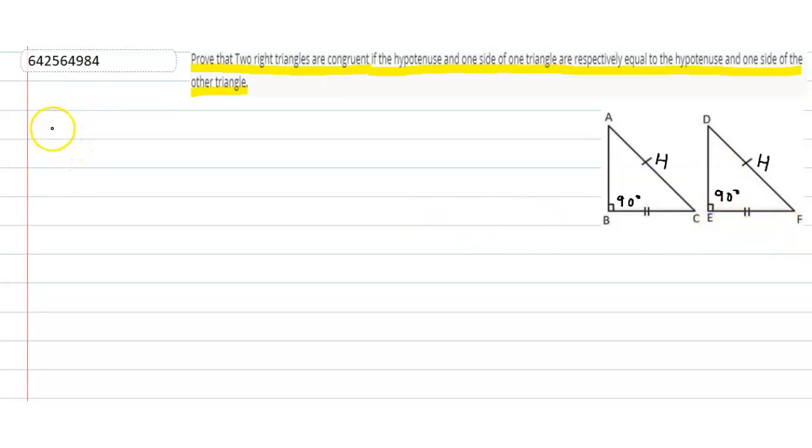So first of all, we will mention what is given in the theorem. First thing given is that angle B is equal to angle E. Both are of 90 degrees because both the triangles are right triangles.